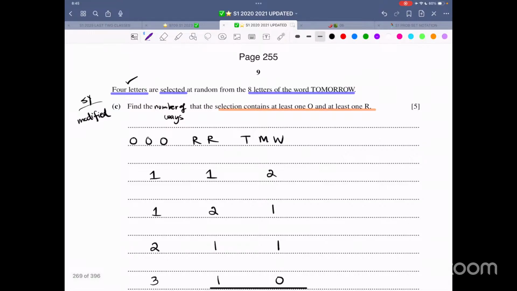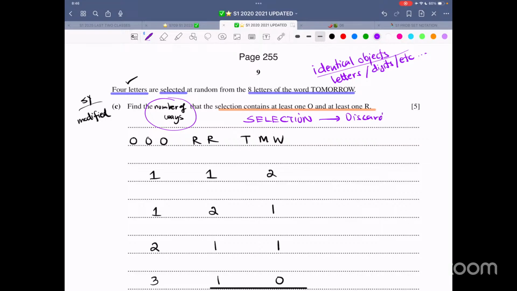Now, when we are dealing with identical objects, whether they are letters, digits, or something else, when we are finding the number of ways of selection, discard the remaining identical letters.